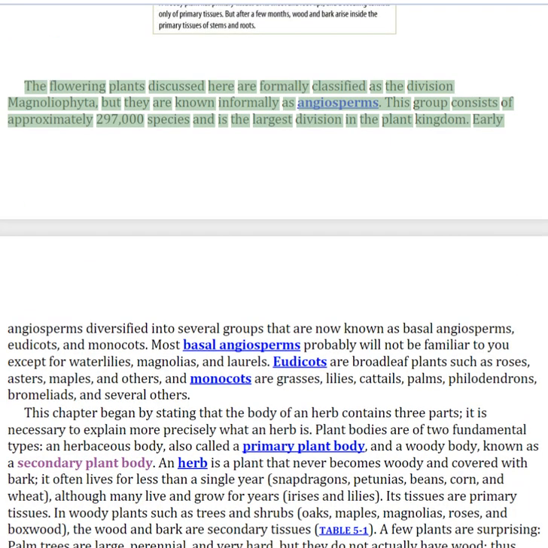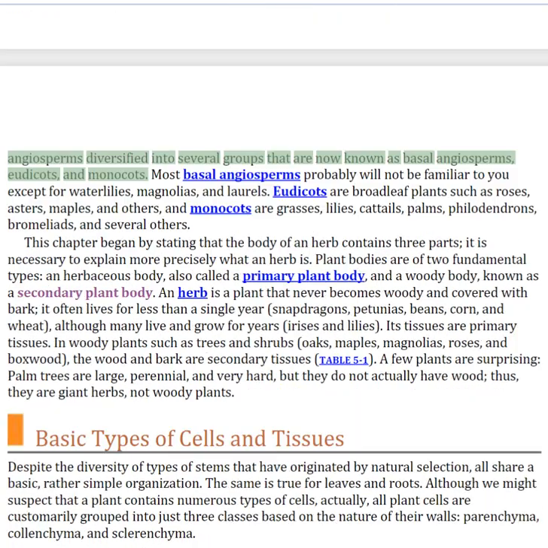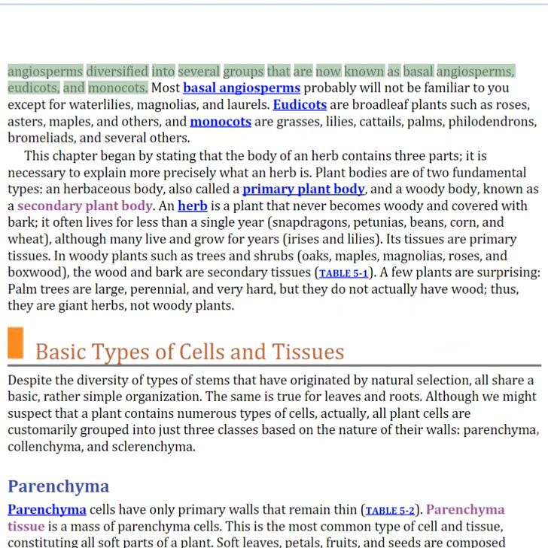The flowering plants discussed here are formally classified as the division Magnoliophyta, but they are known informally as angiosperms. This group consists of approximately 297,000 species and is the largest division in the plant kingdom. Early angiosperms diversified into several groups that are now known as basal angiosperms, eudicots, and monocots.